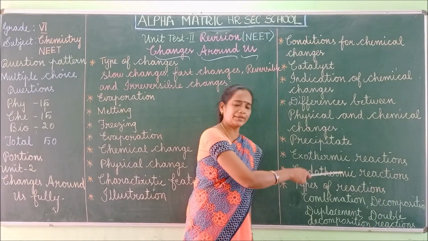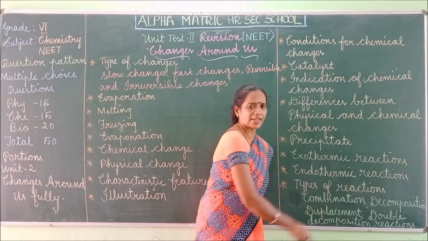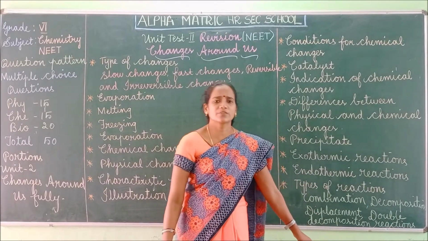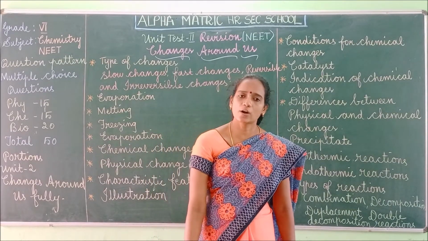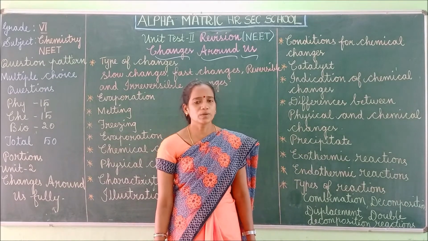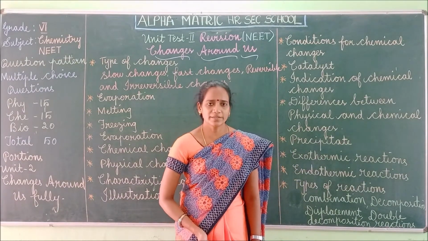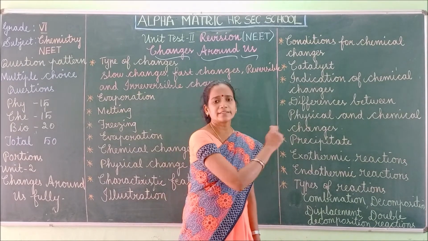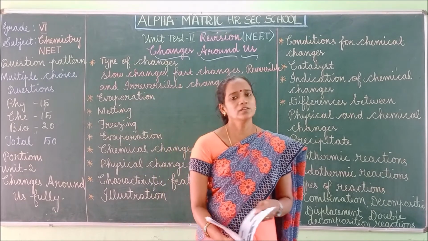What will happen in endothermic reaction? Next, types of reactions. In that we are going to see the combination reaction, decomposition reaction, displacement reaction, followed by double decomposition reaction. So all these contents you should cover, children. Then only you can attend the Neet level questions.